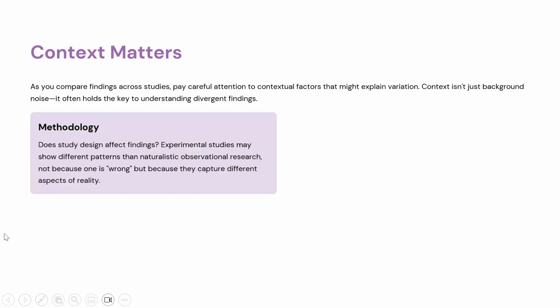So this is where your methodology is very important. For example, asking, does your study design affect findings? Experimental studies may show different patterns than naturalistic observational research, not because one is wrong, but because they capture different aspects of reality. So what was the study designed to do, and did it actually fulfill that purpose?